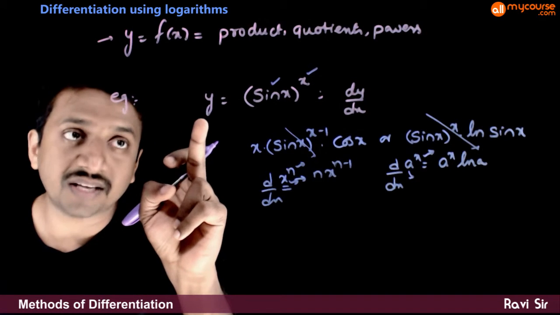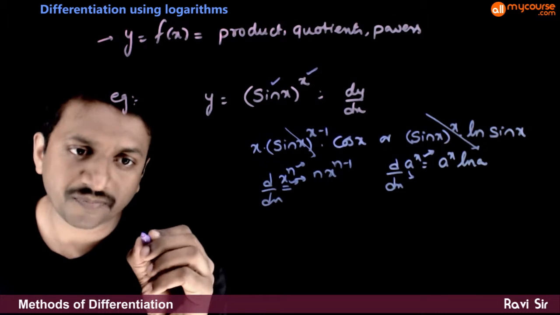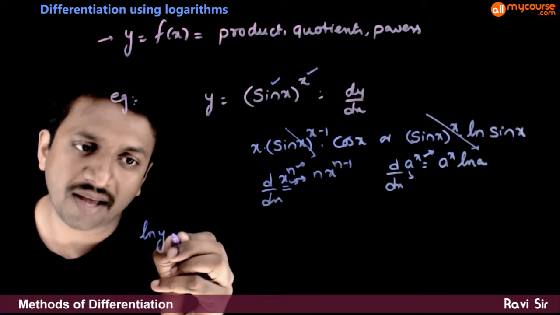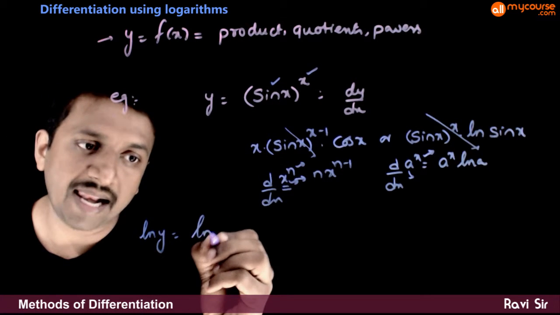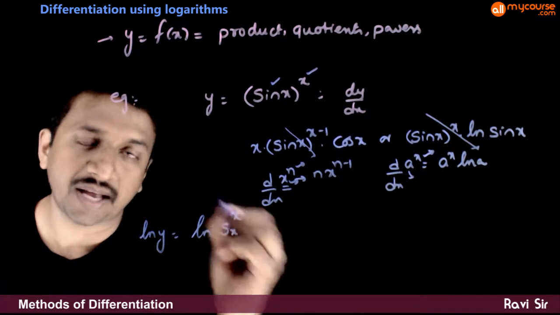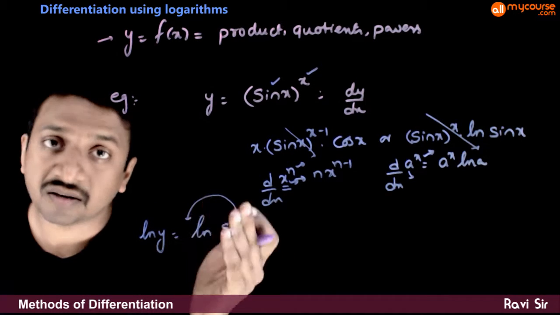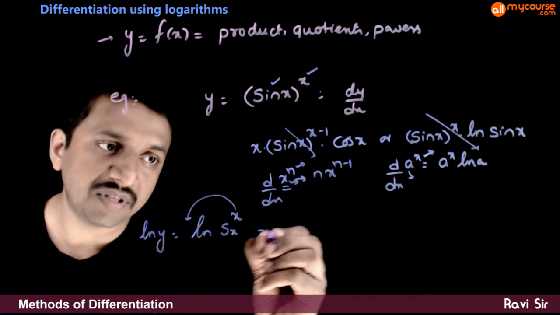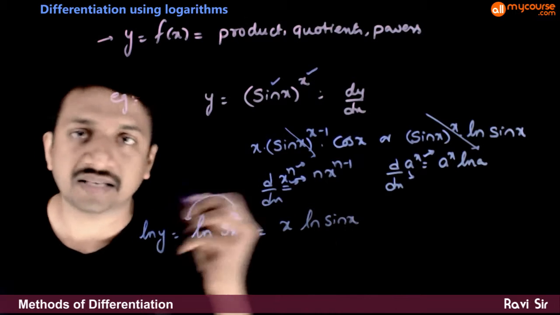So how we do this is, first let us apply logarithm on both sides. So ln y will be equal to ln of sin x power x. By the properties of logarithms, x comes outside, which is equal to x ln sin x.